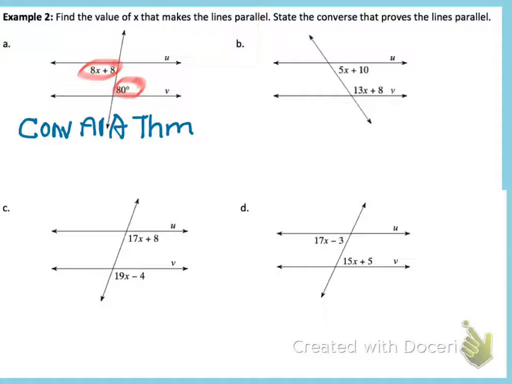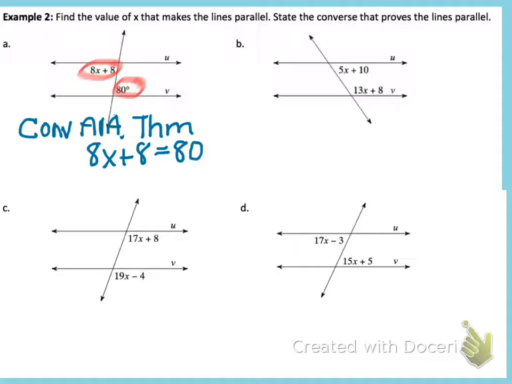And so in order for me to use that, I'd have to show that those angles are the same, which means I'd have to find a value of x that would make that one angle 80 degrees. So that's what I'm going to say. I'm going to say these two angles, 8x plus 8 and 80, must be equal, because that's the premise of the theorem, that if the alternate interior angles are equal, then the lines would have to be parallel.